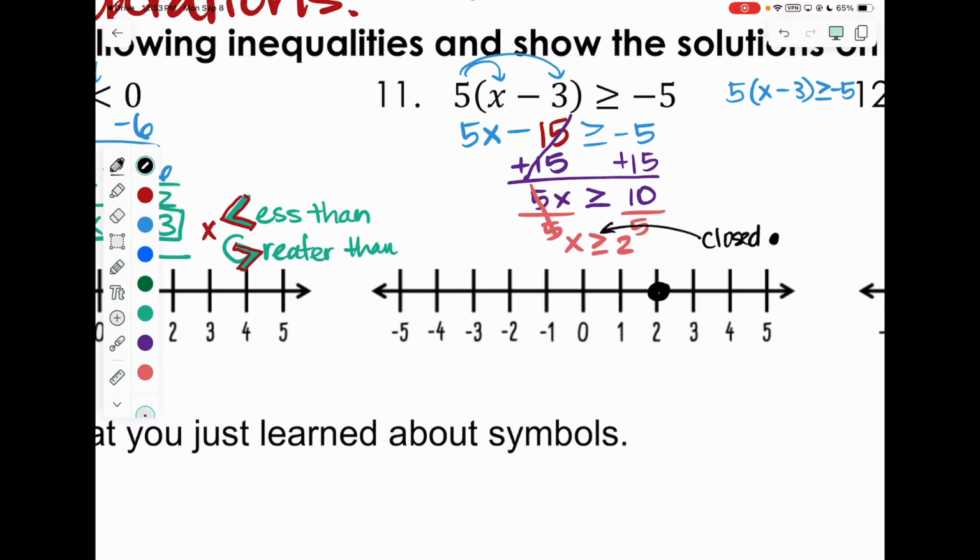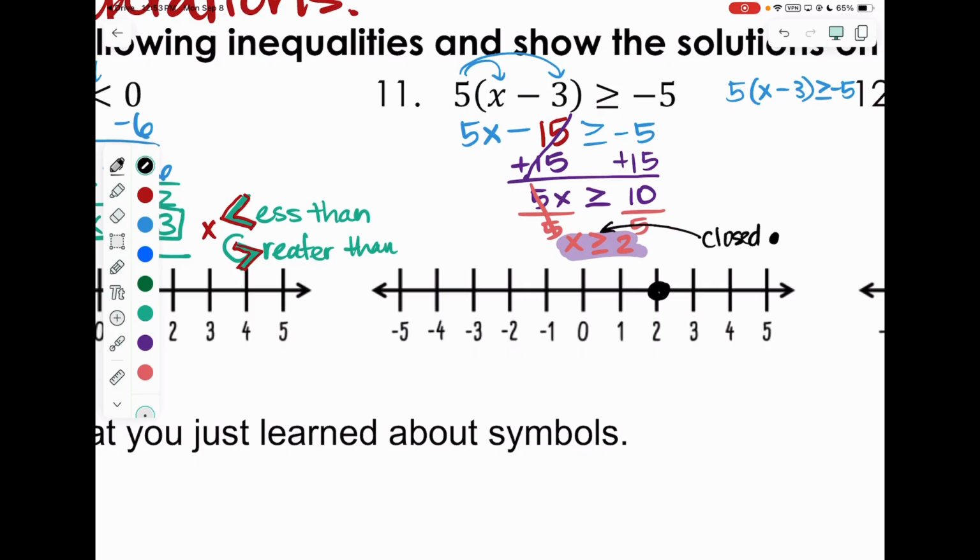Come on, Jordan. Can you read that inequality out loud for me? Okay.